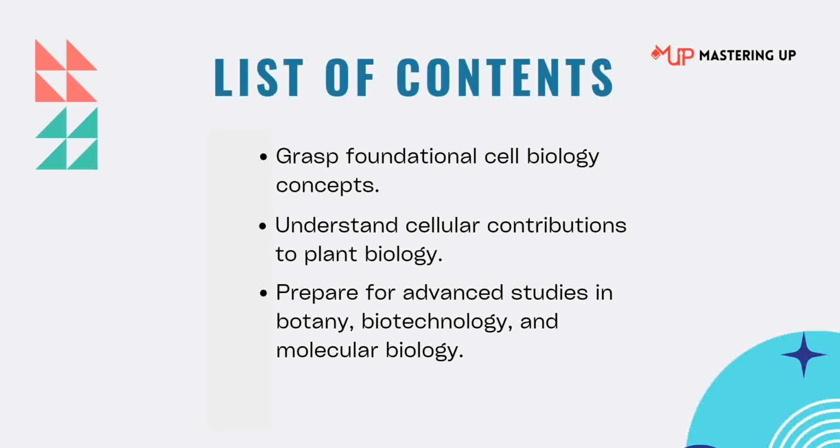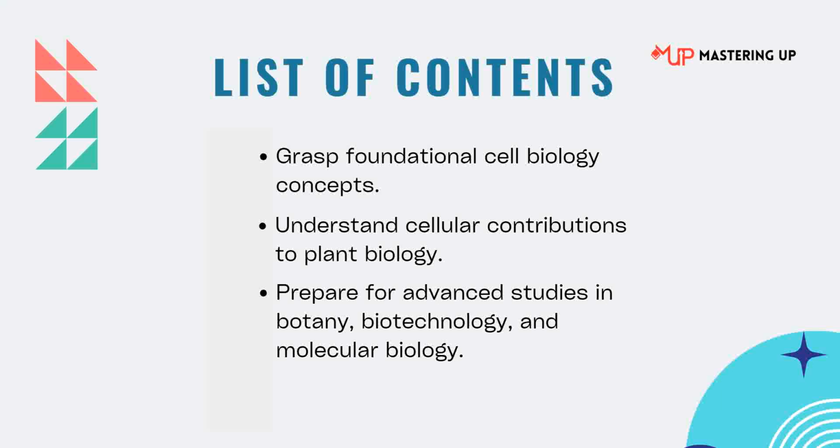So here is an overview of the topics we will cover in this course. We will start by grasping foundational cell biology concepts, then preparing for advanced studies in botany, biotechnology, and molecular biology.